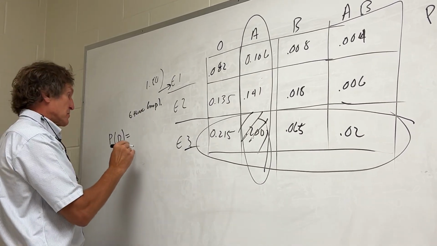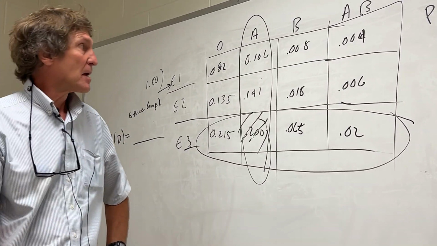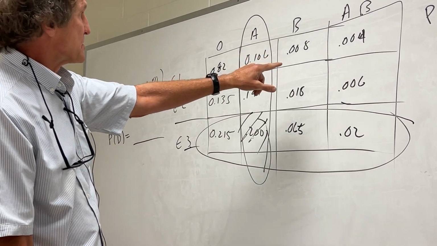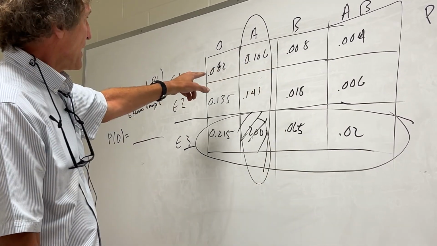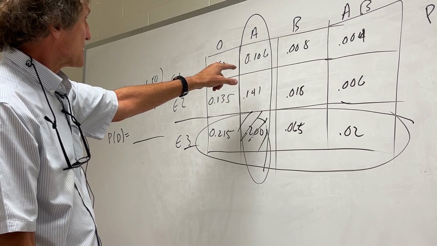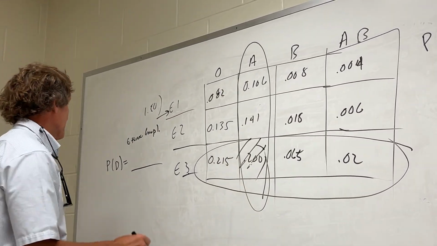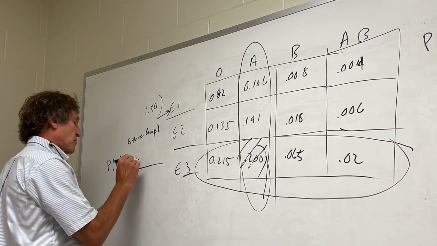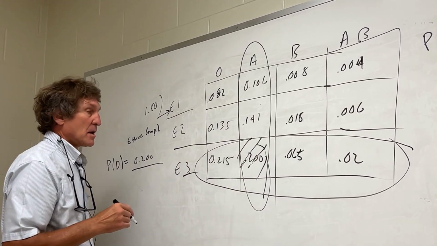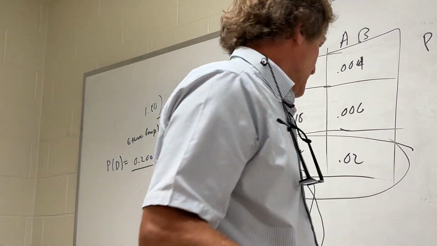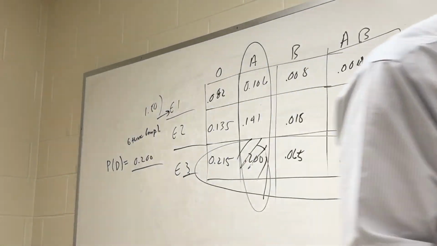So what is this going to be? Let's see, 4 and 8 is 12, 94 and 106. 0.2, is that right? So this is 0.200.